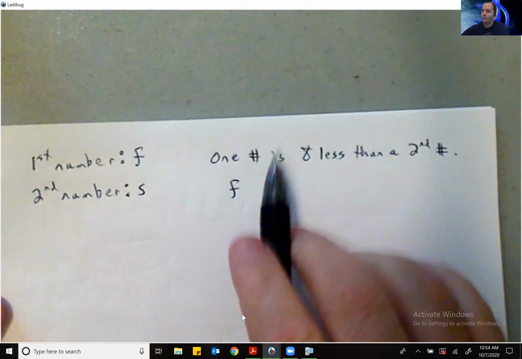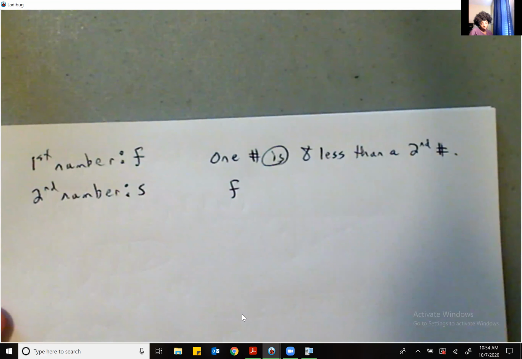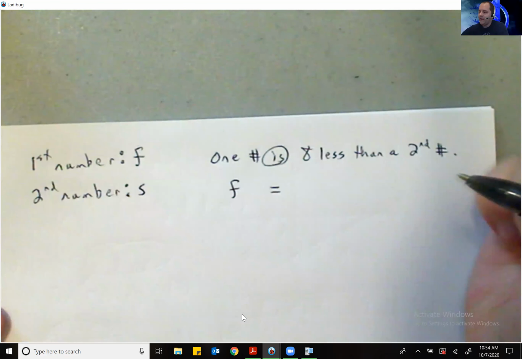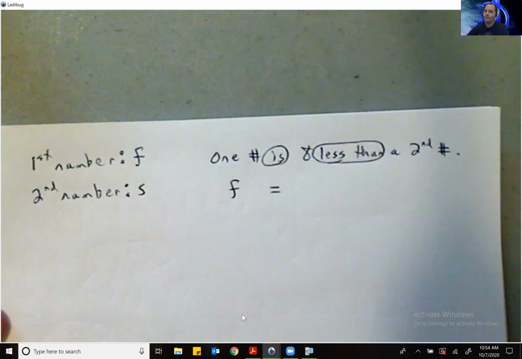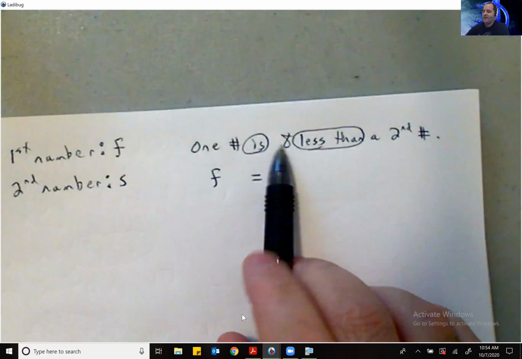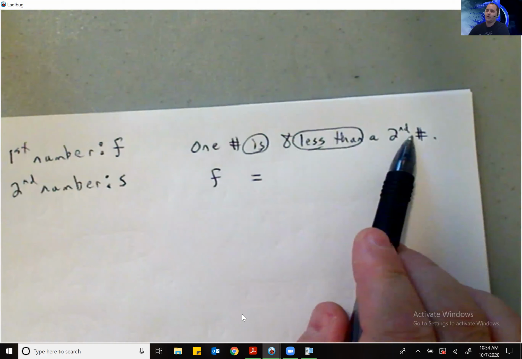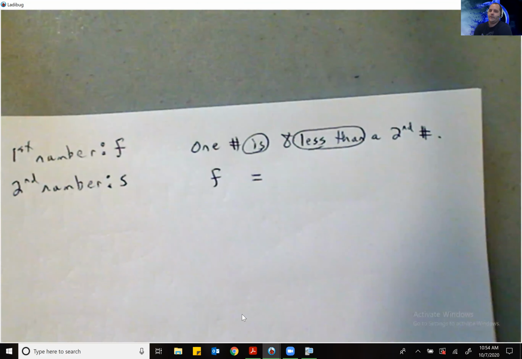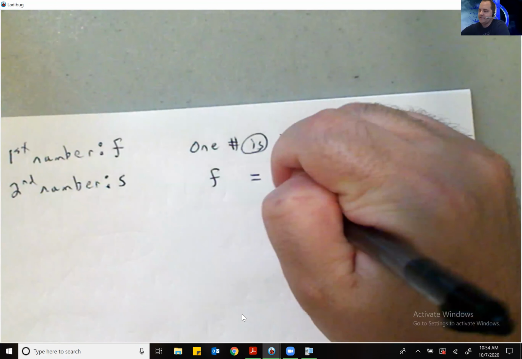"Is" represents what? Equals. Now, we have this "less than," and this is the one that I've warned you guys to be careful on. So this says 8 less than a second number. What does that look like? S minus 8. You got it.